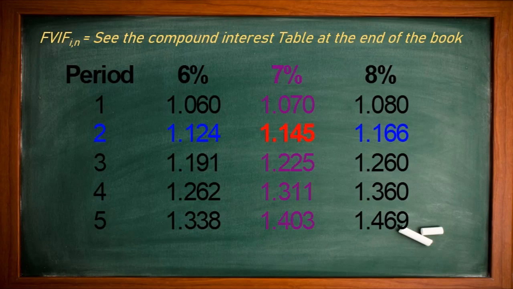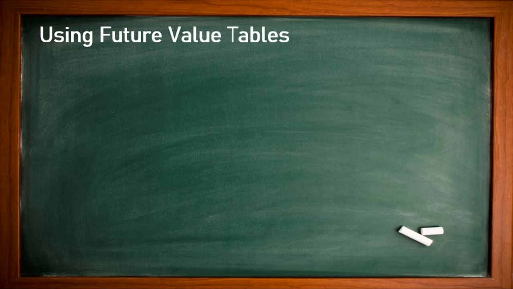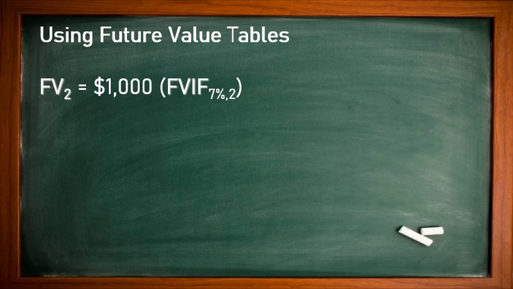Let us see, if we are using the table, what would be the answer of future value. Using future value through the table, future value for 2 years is equal to $1,000 times the future value investment factor for 7% and 2 years. So we mention the percentage and year.